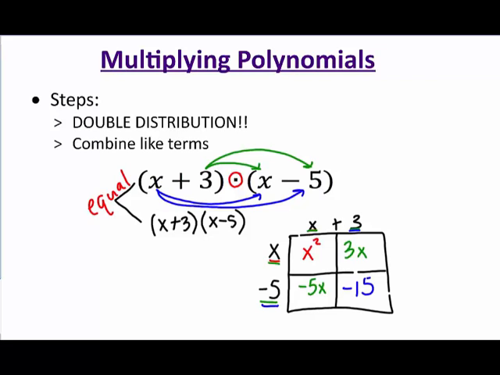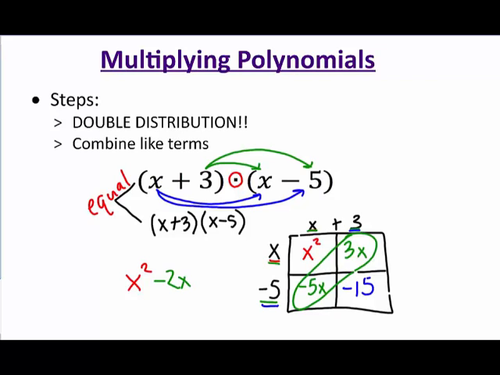So in the different colors, you can see the like terms. So the only combination that we'll have to do is with our x's. So if I rewrite this, I would get x squared, and then negative 5x plus 3x would give me a negative 2x.